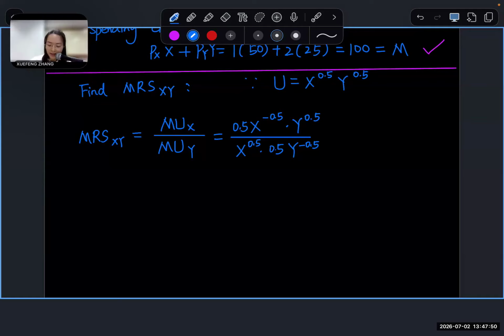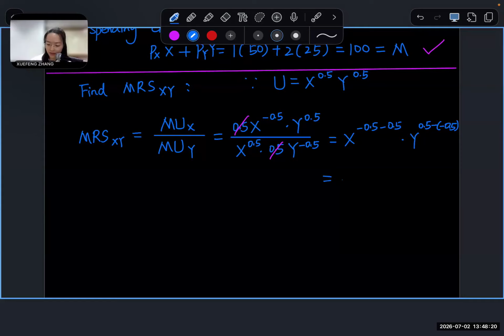And here we can cancel the half. For X, it is negative half minus half, and for Y, it is half minus negative half.